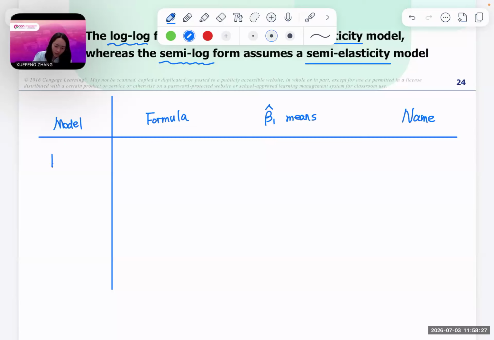So for the linear one, the formula is y equals beta 0 plus beta 1 x. This means one more unit of x causes how many units of y. Okay, so it's plus beta 1 hat units of y. There's no name for this, okay? Just unit change.